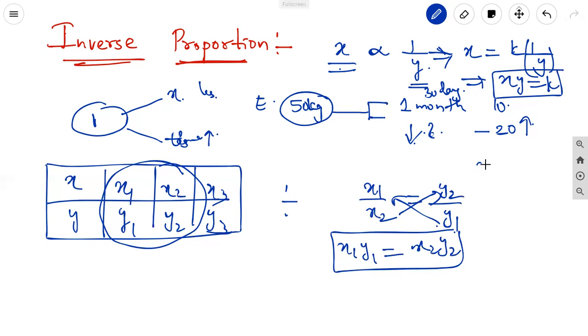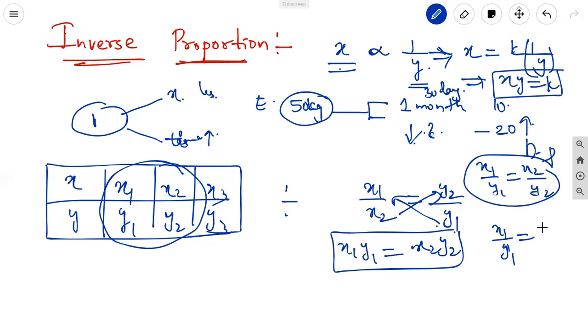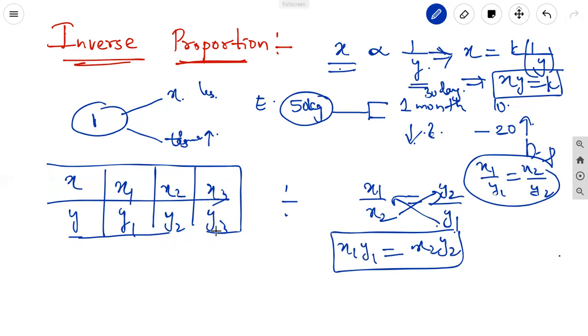Generally, direct proportion means x1 by y1 equals x2 by y2. Inverse proportion means x1 by x2 equals y2 by y1. We can take any relation. Here the relation of x is opposite to the y variable, because the increase of persons means a decrease in days.